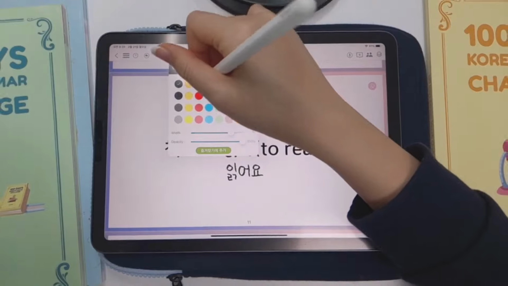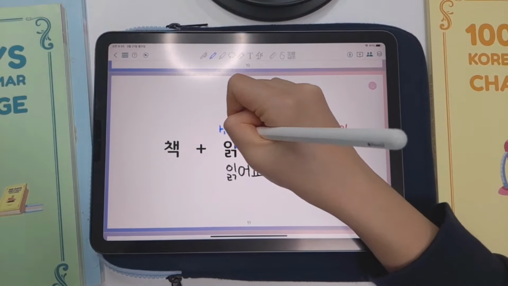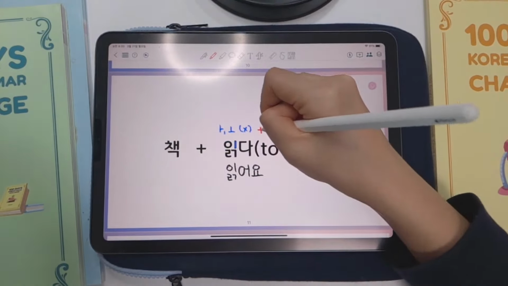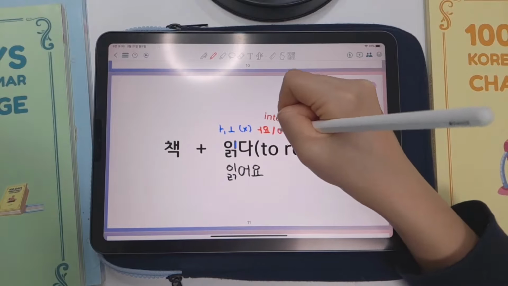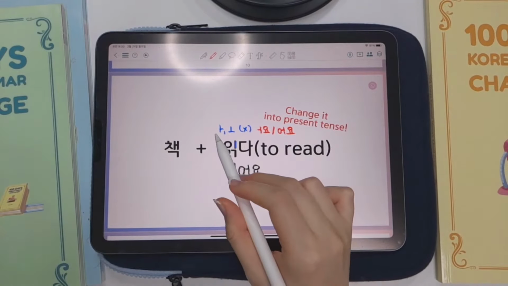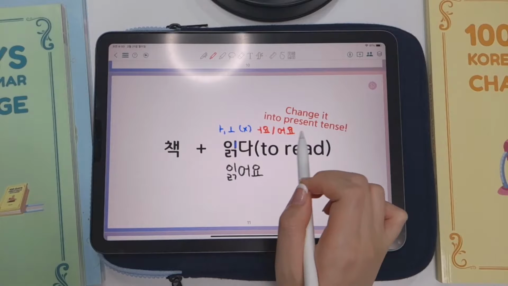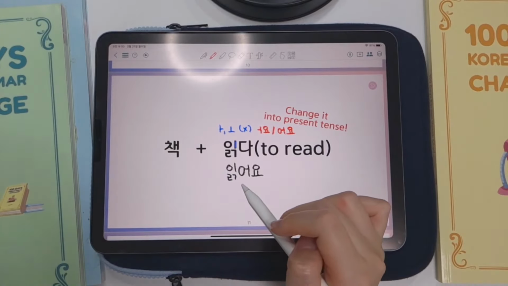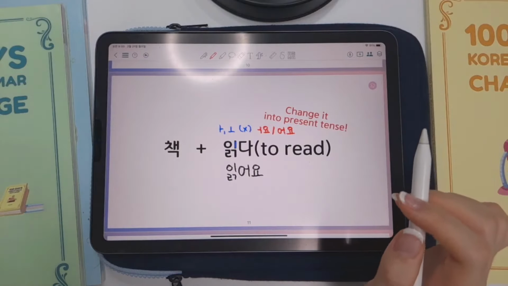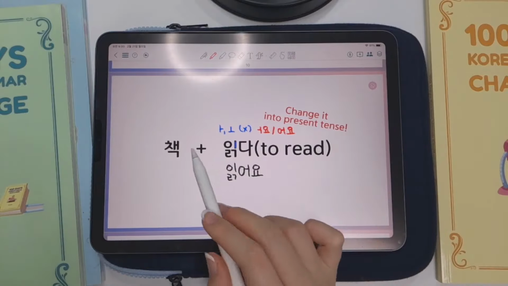Because if this vowel is not a or o, then you have to add oyo or oyo, not ayo. Okay? If the vowel is not a or o, in this case you have to put oyo or oyo, like 읽어요. We didn't learn it yet, but now you can do it. 션텔 씨, 루지 씨, 안기 씨, 레오나르도 씨, 프라틱샤 씨, great job. 책을 읽어요. 맞아요. 책.